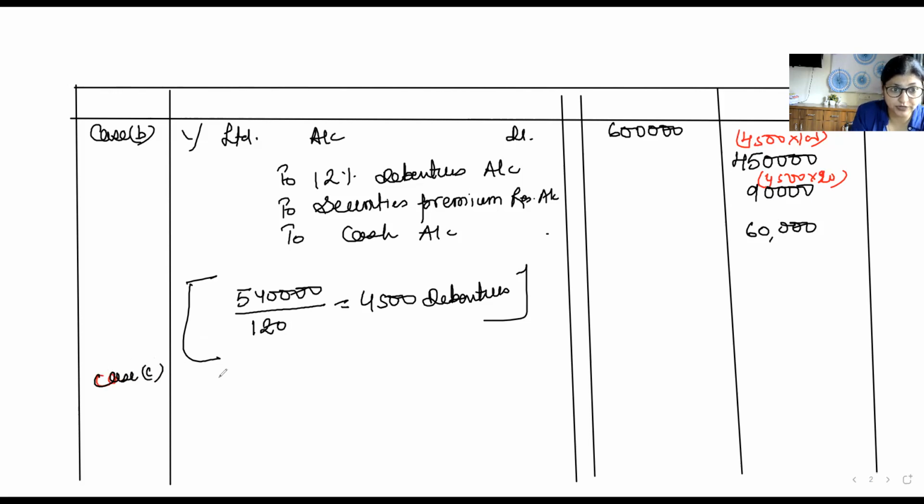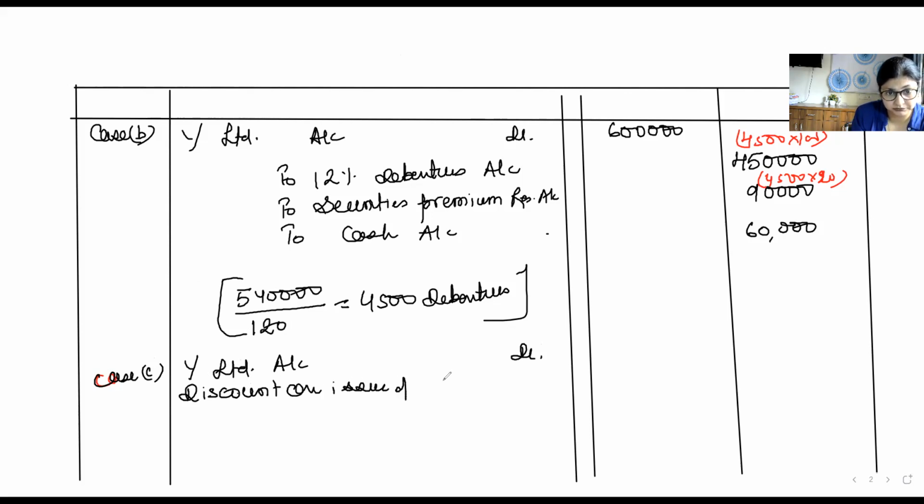Let's do case C, where debentures are issued at discount. So here again we will do Y Limited. Here on the debit side we will have discount on issue of debenture, to cash and to percentage debenture account.